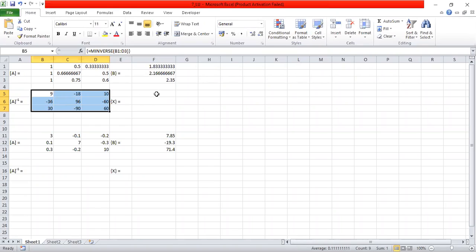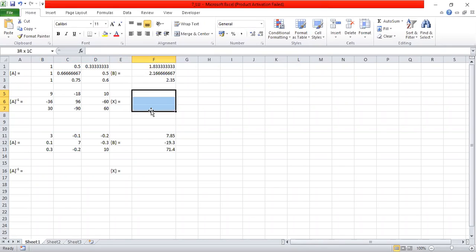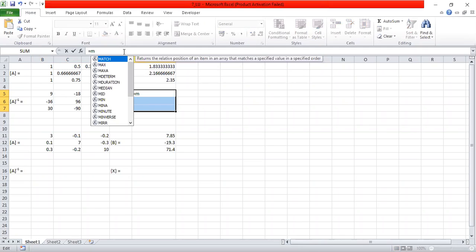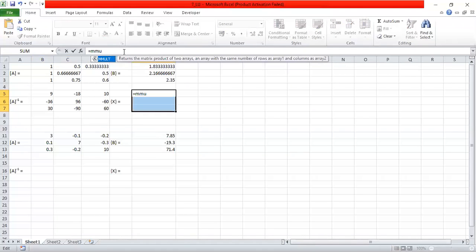Then to get the X, which we're actually solving for, we'll multiply the inverse of A times B to get the X1, X2, and X3. So you select all the cells where you want your X1, X2, and X3 to be, then you say equal to MMULT, which is just to multiply.